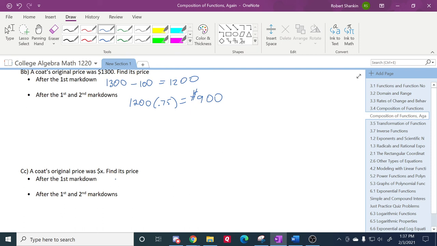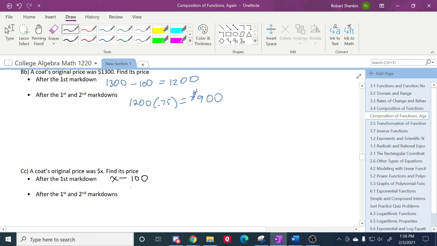All right, group 2. What do you get? What's the price after the first markdown? For the first one, we got x minus 100, and the second one we got that answer times 0.75.